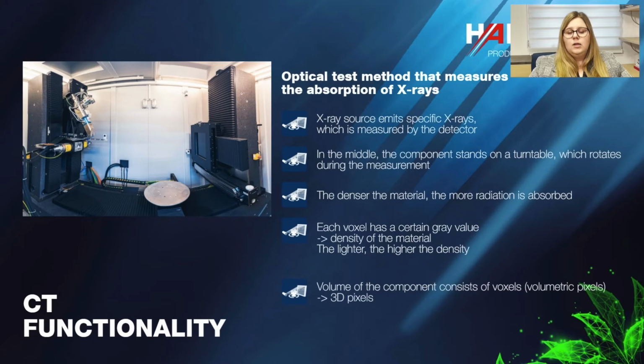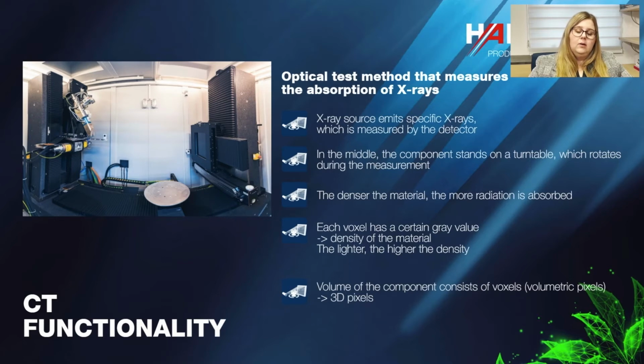Now I'd like to point out some of the functionalities of the CT, which are important for understanding what I'm about to tell you. The X-ray source emits specific X-rays, and they are then measured by the detector. In the middle, the component stands on a turntable, and during the measurement, the turntable rotates, and many individual 2D X-ray images are taken from different angles.